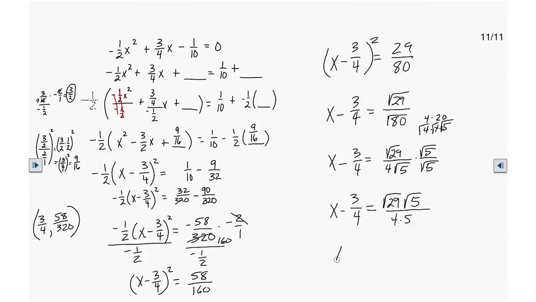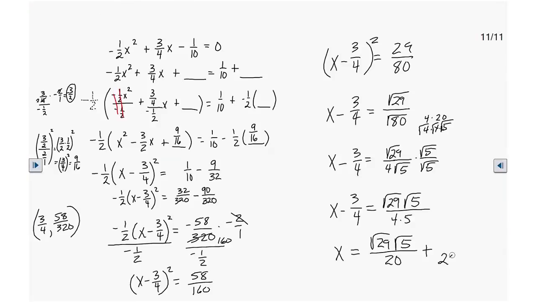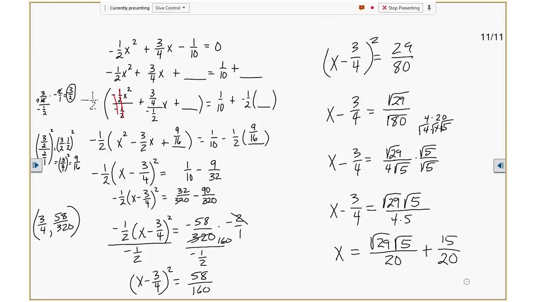And then x is equal to the square root of 29 times the square root of 5 over 20 plus 15 over 20. And the square root of 29 times the square root of 5, you can do square root of what?